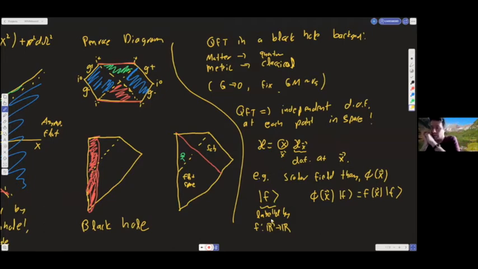So that's the Hilbert space. To do quantum mechanics, I have to tell you the Hilbert space and I have to tell you the Hamiltonian. I've told you the Hilbert space, now I'll tell you the Hamiltonian.